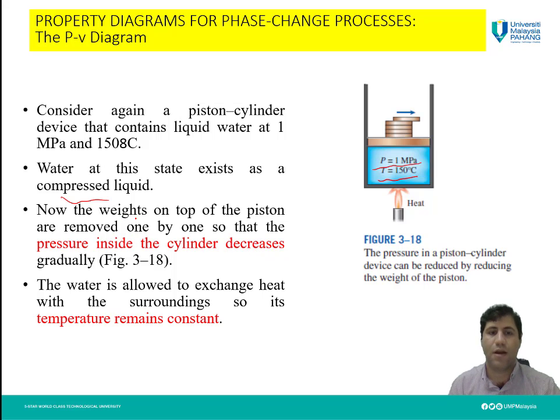Now the weights on top of the piston are removed one by one so that the pressure inside the cylinder decreases gradually. So we start to reduce the weight on top of this piston, then the pressure will reduce. The water is also allowed to exchange heat with the surroundings, so its temperature remains constant. While we are removing these weights, the pressure is reducing, but the temperature is constant. Why?